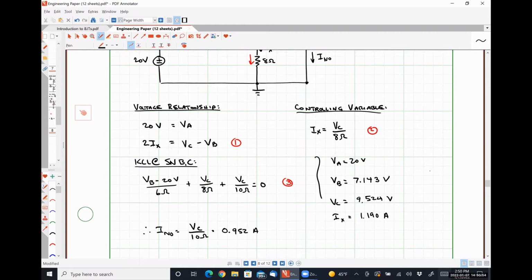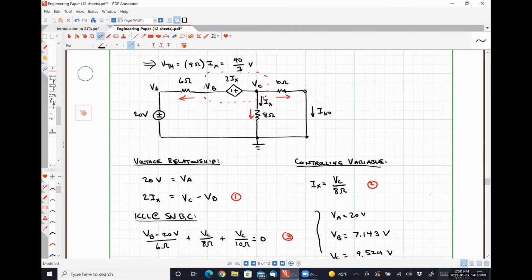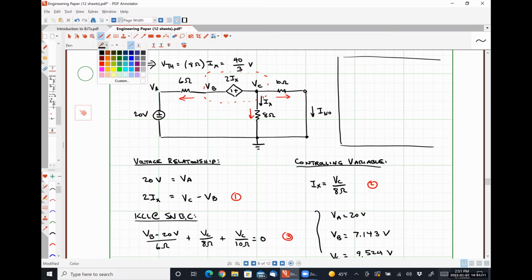Sure. So, doing mesh analysis, I'm going to try to tuck that in just right here. It's not going to be overtly large, I don't think. We would have a mesh current, I'm going to call it IA, and a mesh current IB, right?